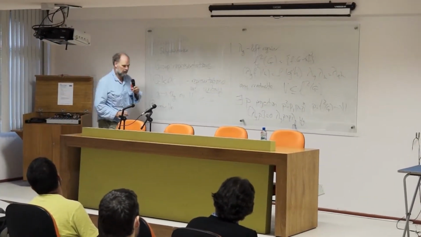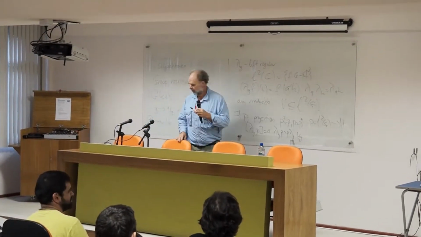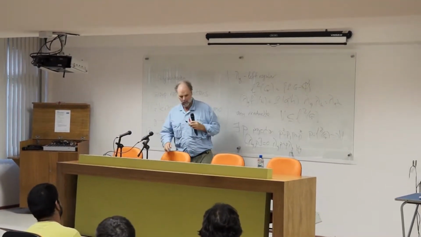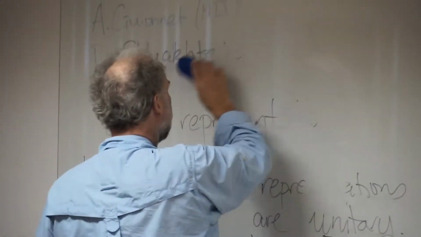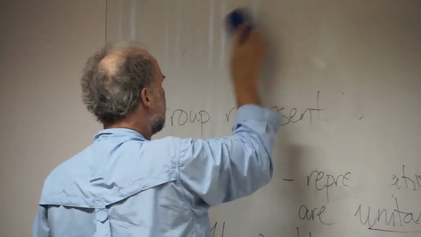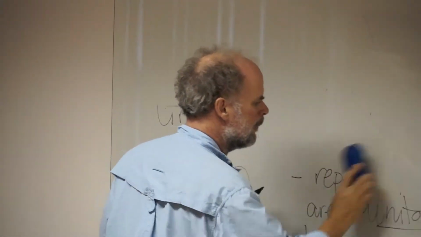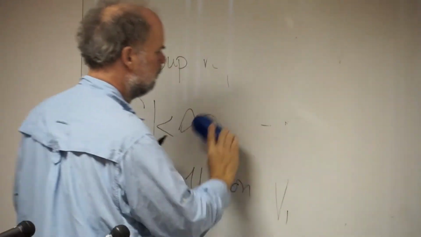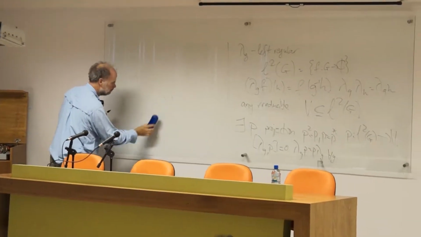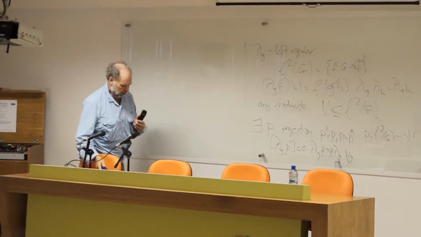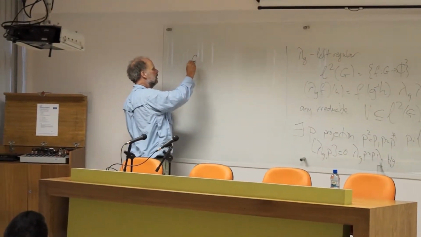Instead of just a finite group, we could have a compact group. So if G is compact, everything works beautifully.